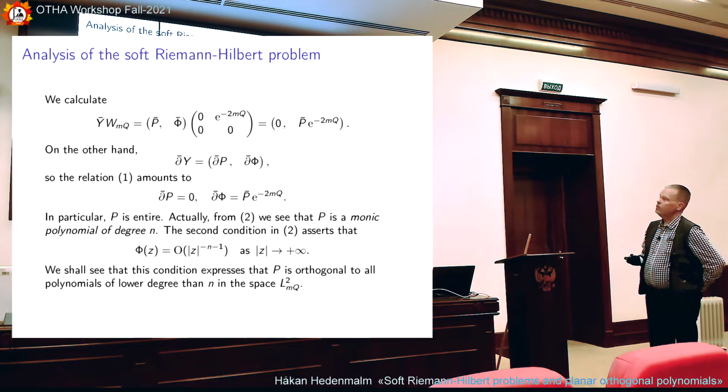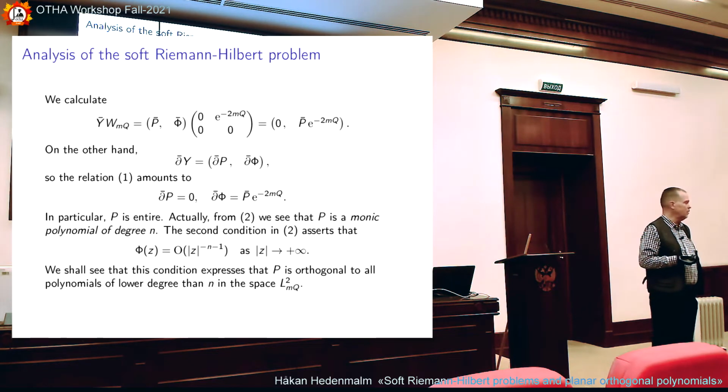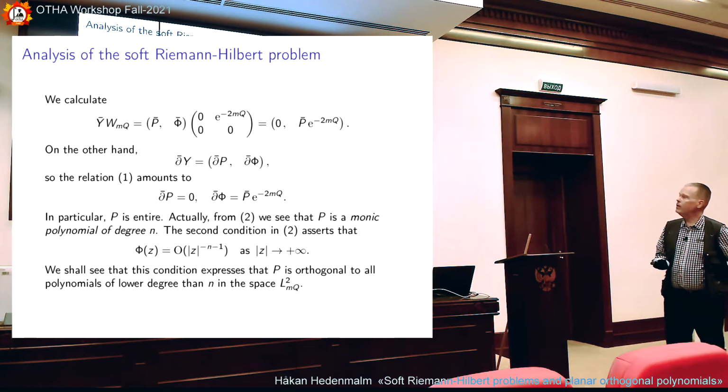Okay, p is entire, but when we go back and look here, we have this condition 2. What does it say? Condition 2 means that p grows like a polynomial. And if it's an entire function which grows like a polynomial, there's no other choice than that it is a polynomial. Okay, and then the second condition says that this function phi decays quite rapidly.